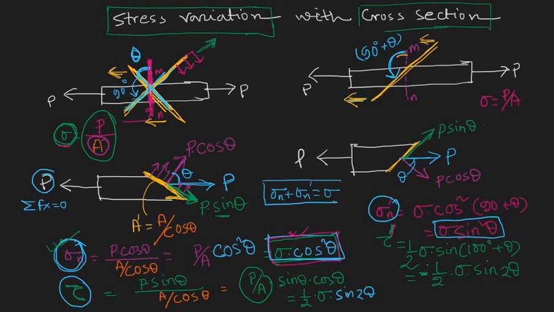And this is valid when these two planes are mutually perpendicular. Not only that, in these two mutually perpendicular planes, the shear stresses tau are identical but opposite in nature. Here is the minus sign. Clear? So this is all about today's lesson.